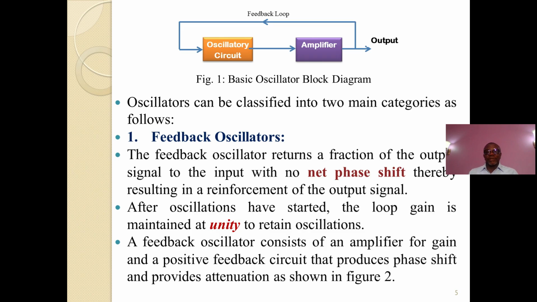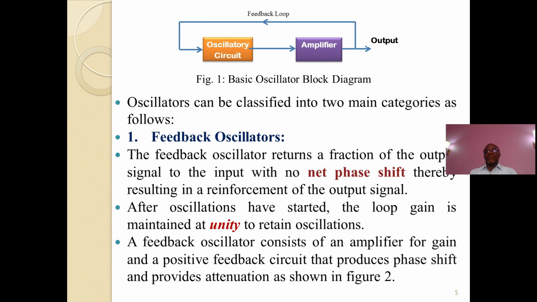After these oscillations have started, the loop gain is maintained at unity to retain oscillations. Because if you look at that, when the output is fed back, it boosts what is coming. So the next output is expected to be higher than the previous one.